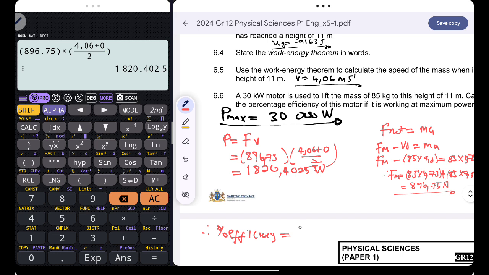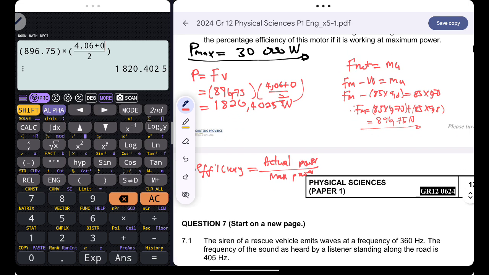So therefore the percentage efficiency is just the actual power divided by the maximum power multiplied by 100. So we'll just say 1820.4025 divided by 30,000 multiplied by 100.